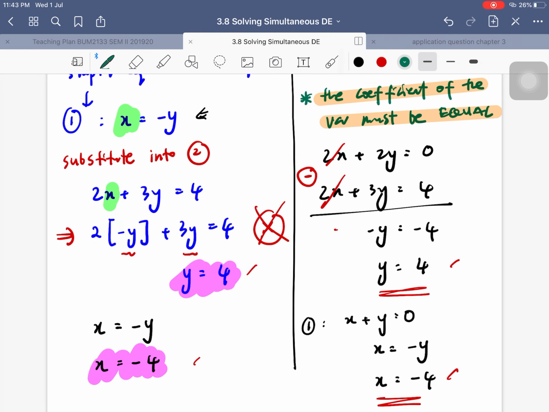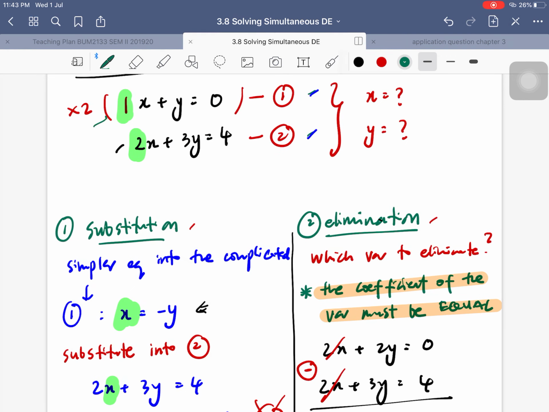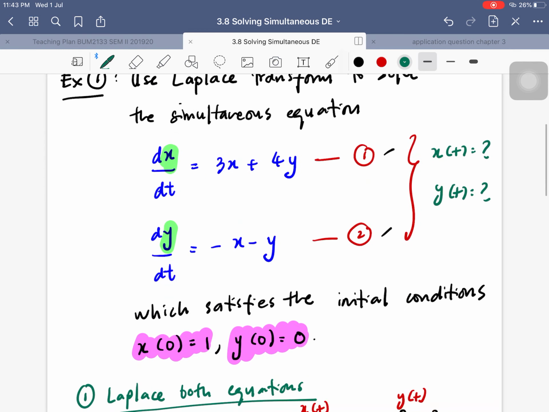When I wanted to find the other variable, all I have to do is use the original equation. That would be the same idea as well. You can either use equation number 1, or you can also use equation number 2. But you have to pick very carefully which one is going to be the most suited for this particular problem in order for you to find x. And how do you figure that out?